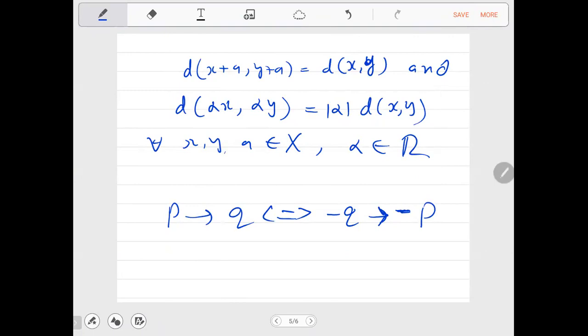So on a non-empty set X, we can have a distance function, but that non-empty set might not be a vector space. For a vector space, you need other operations, vector addition and scalar multiplication. So there can be a metric space which is not a vector space. There is no vector addition or scalar multiplication, but there is a distance.